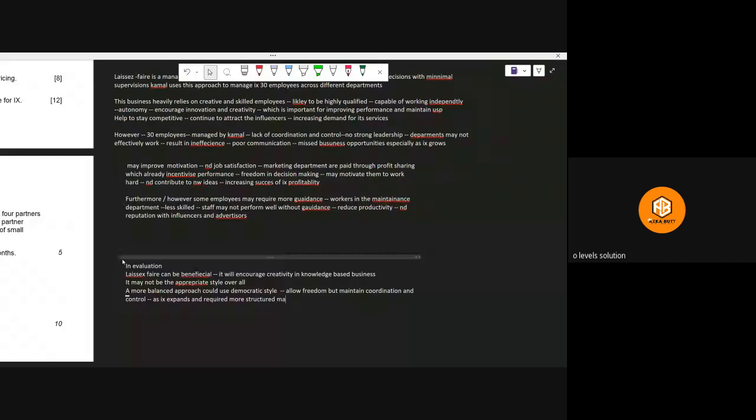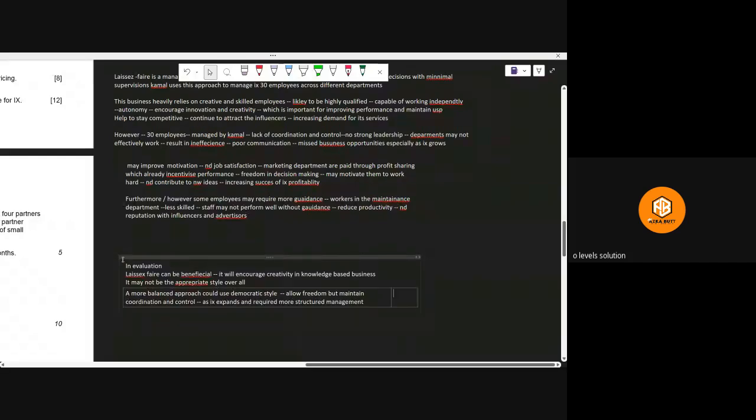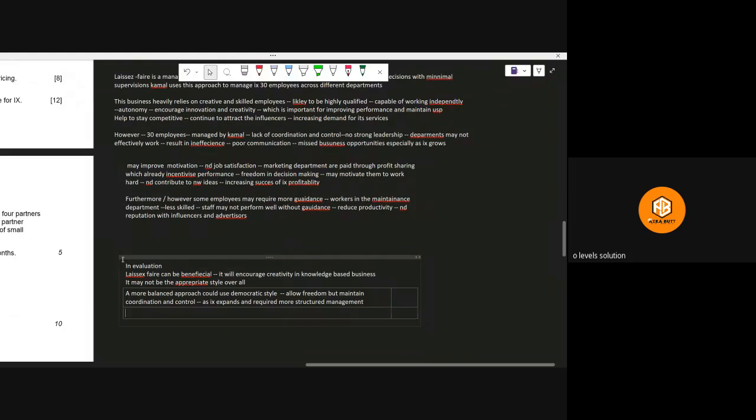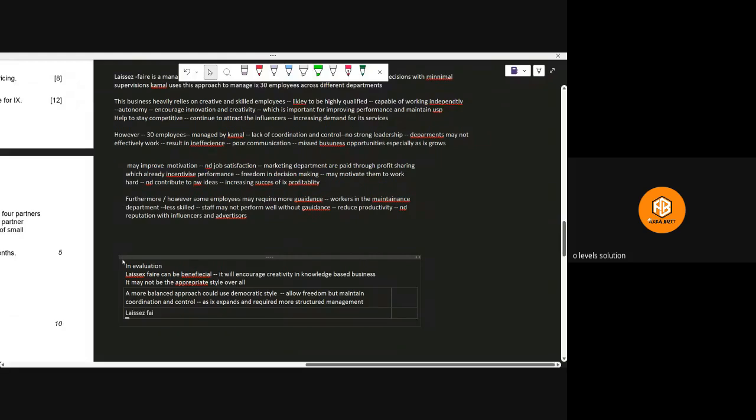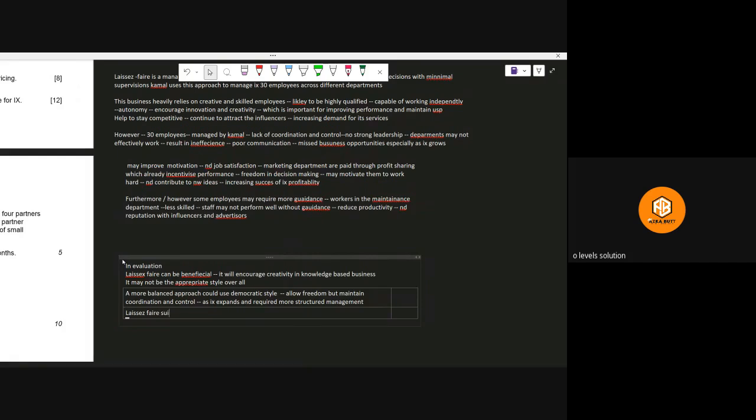Then we can say that laissez-faire is something which is suitable to some extent, especially for the skilled employees, but not the most appropriate overall due to the need for coordination and control.